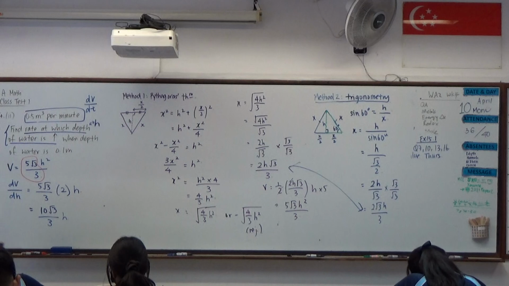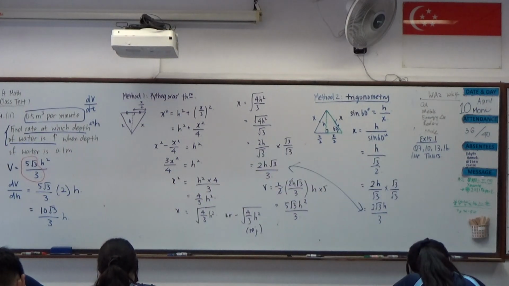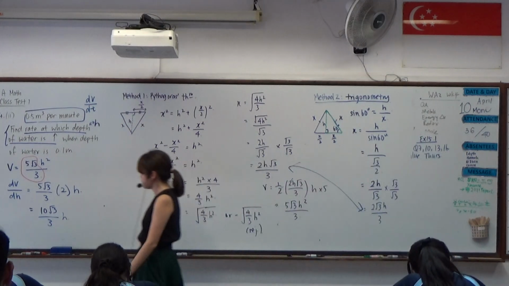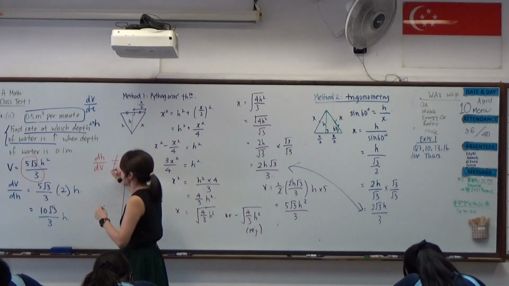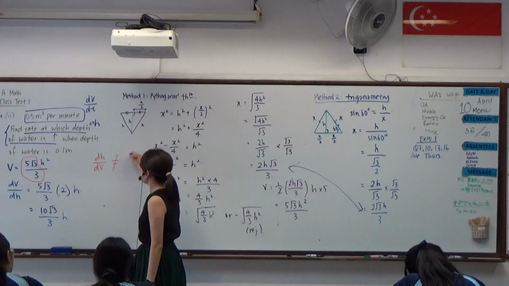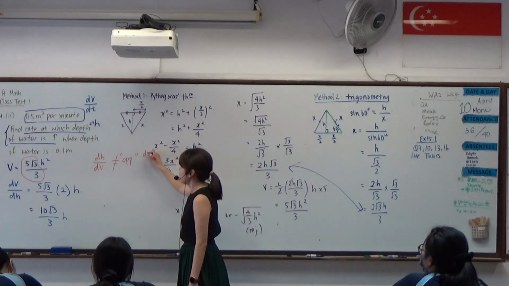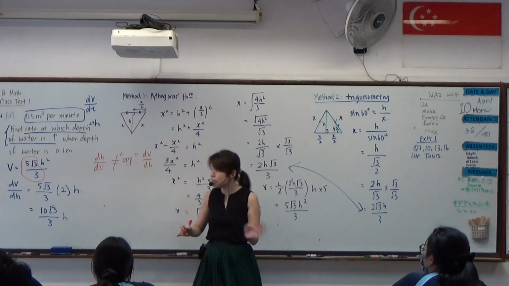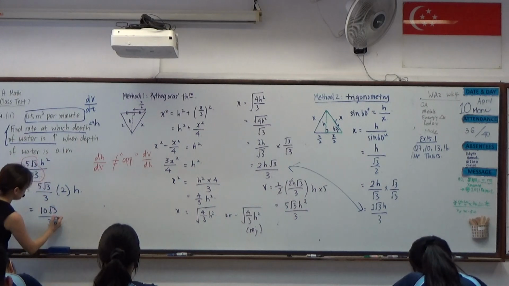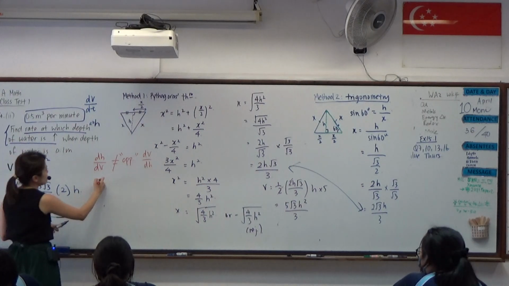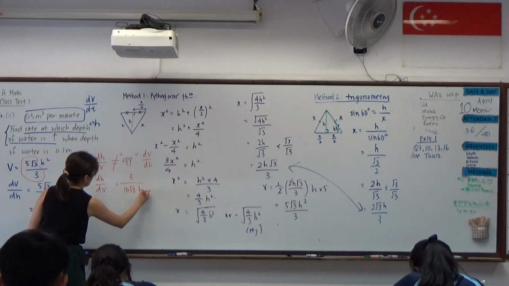Right? Now, this is a part where I know that I've never addressed it. I just tell you that we shouldn't be doing this. I tell you that dH over dV is not equal to the opposite, if I were to use such a word, of dV over dH. You cannot say that dH over dV, so I put this H upstairs here, is equal to 3 over 10 root 3 H itself.